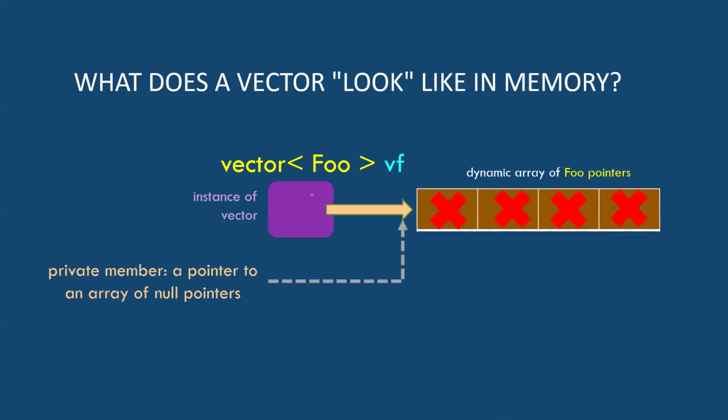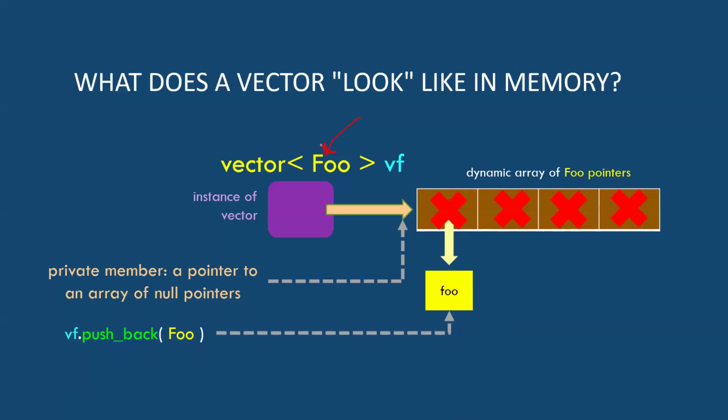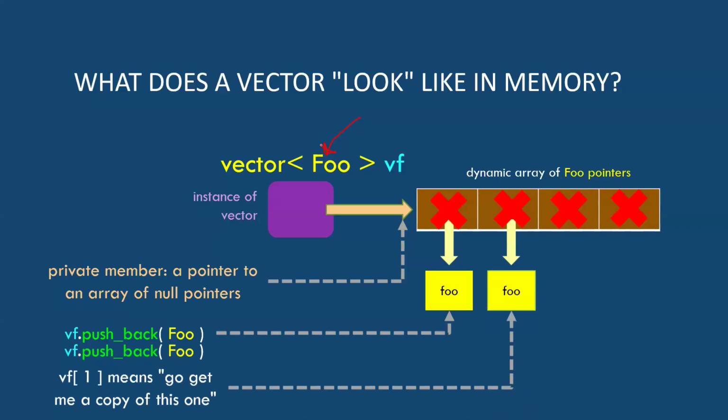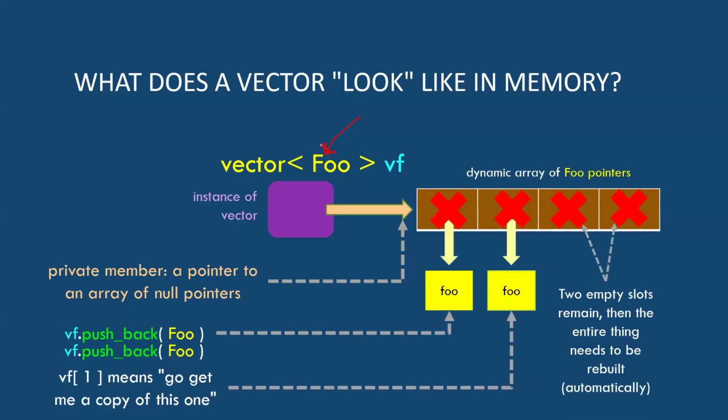But here's an example of what could be happening. There could be a hidden pointer as a private data member of the vector class, and it might be templatized. We did a little exercise like this. When I push back something, it might be dynamically allocating an instance of that something and then hooking its pointers up. And if I erase it or insert something, it's got to do all the messy work.